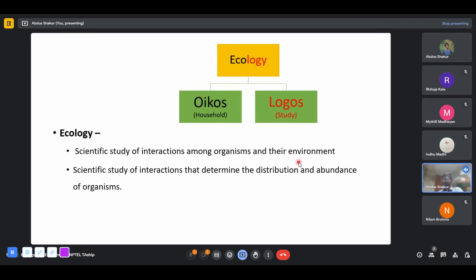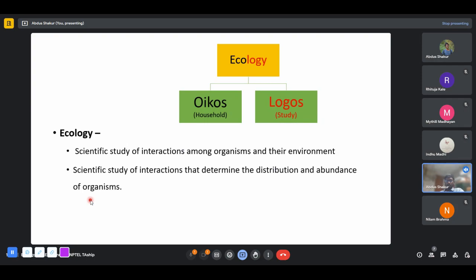So how different organisms interact with their environment, or it can also be defined as the interactions among organisms that determine their distribution and abundance. So, what are the interactions that determine how species are present and how their abundances are distributed across places?